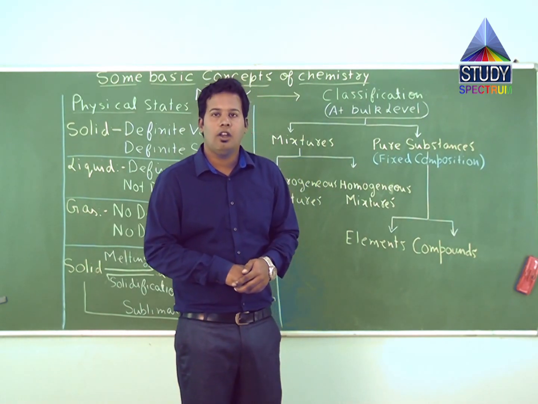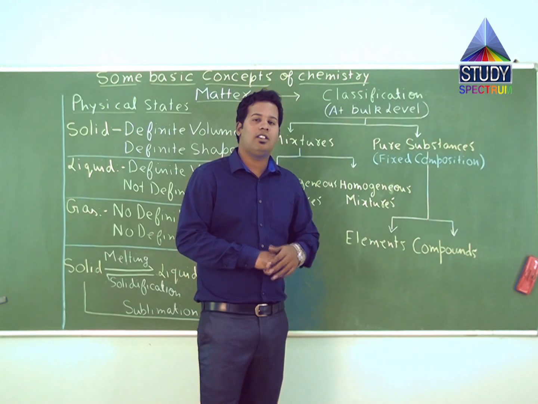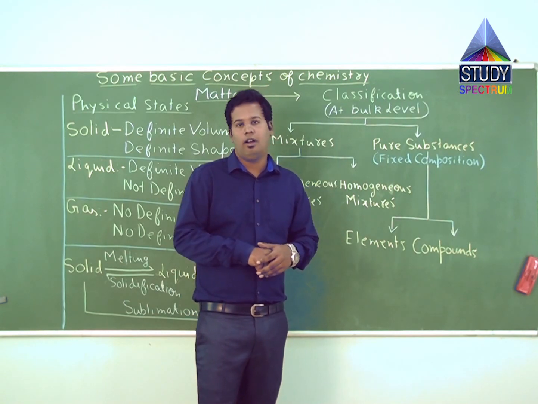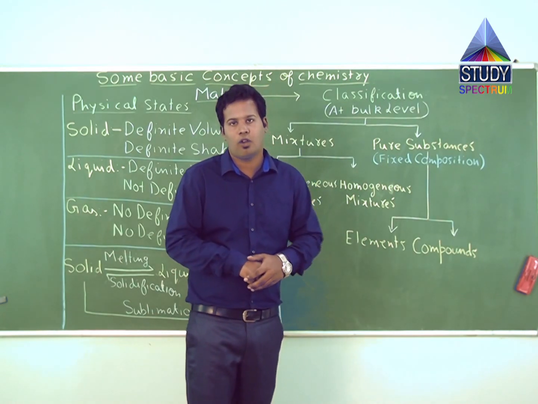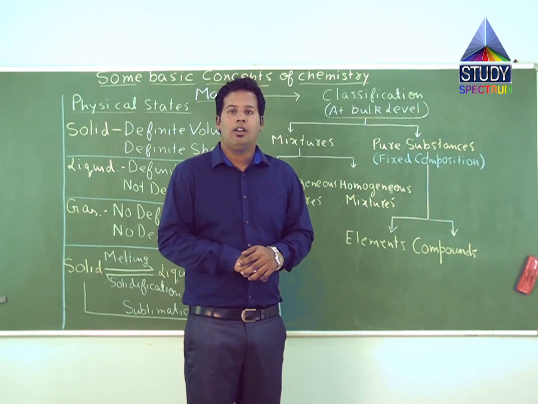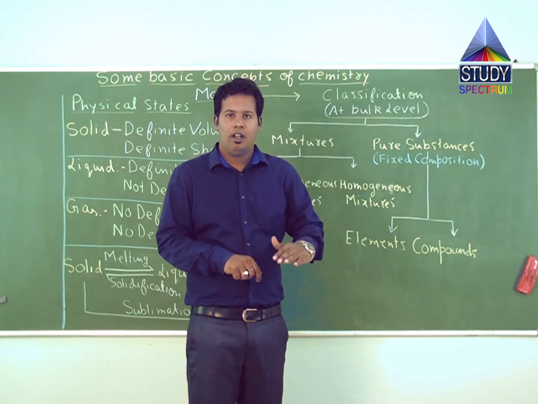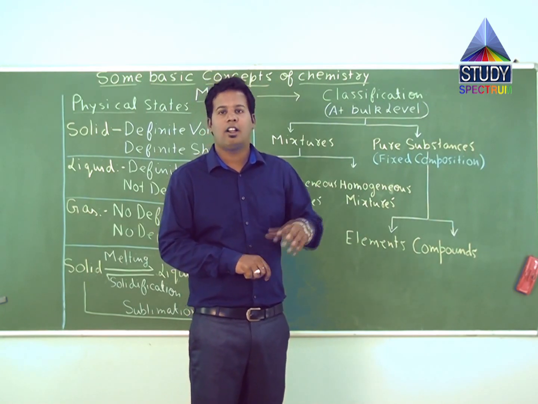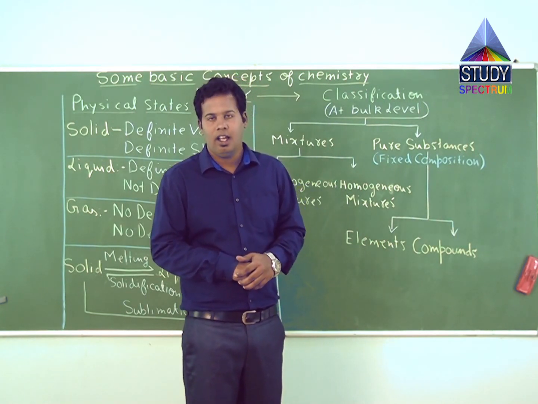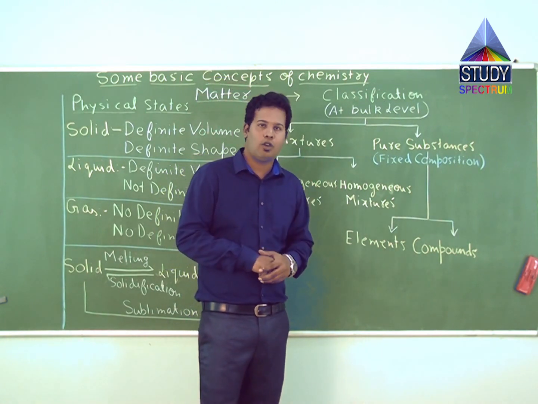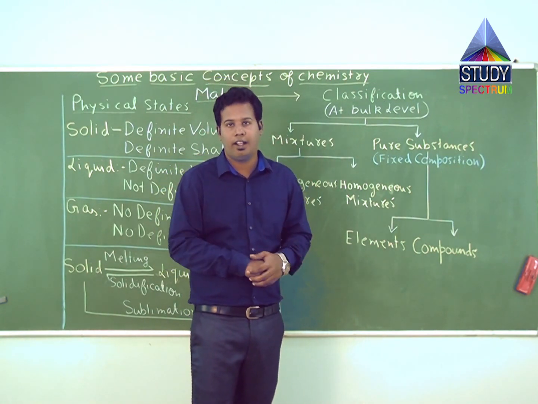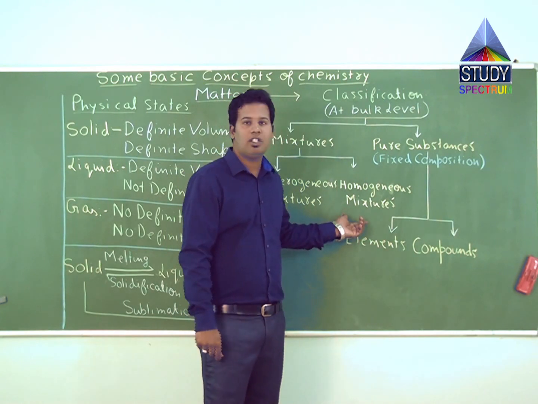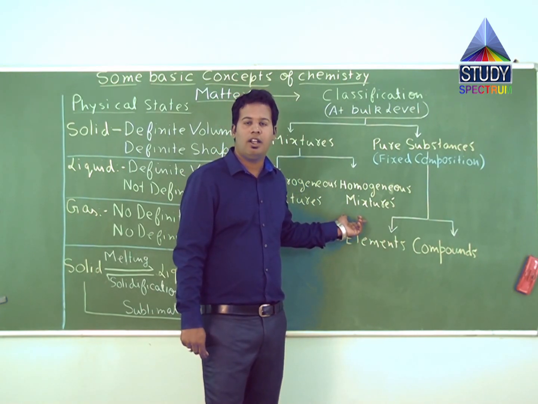After some time, you will find that the salt has disappeared, and the composition of that solution of salt in water can be seen as uniform throughout the volume. Its composition does not change. That particular solution of salt or sugar, if you have taken, is actually a homogeneous mixture, where the composition is the same throughout the volume.